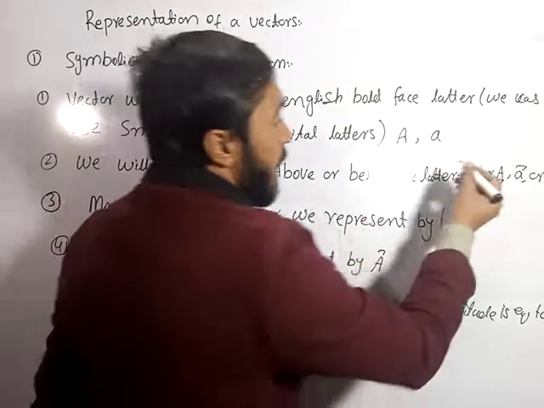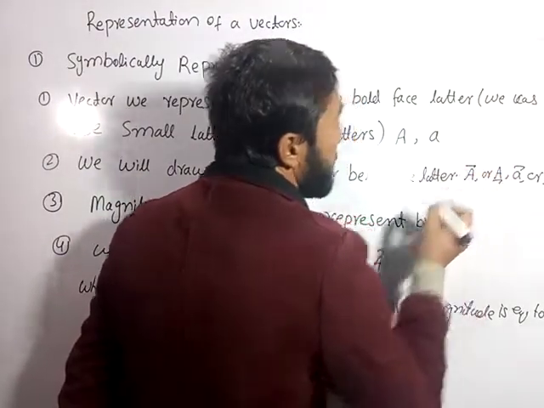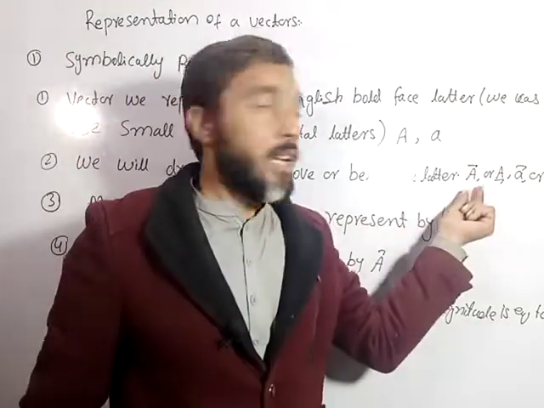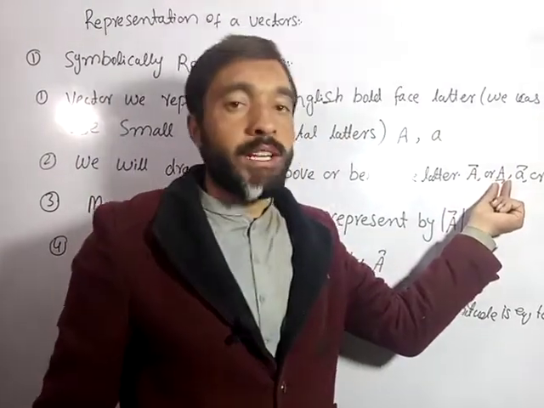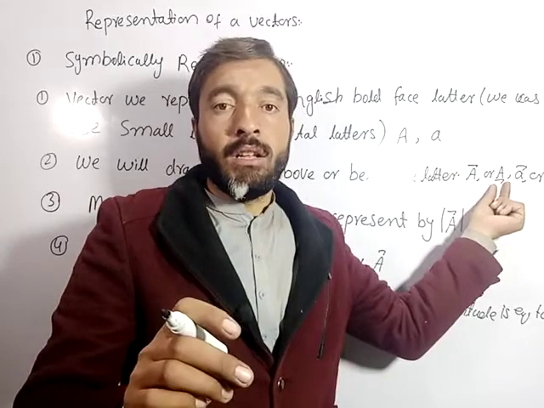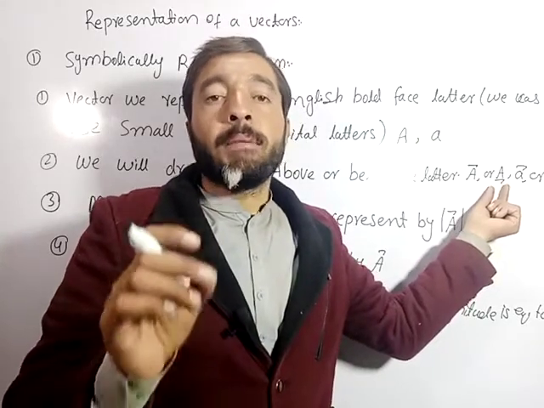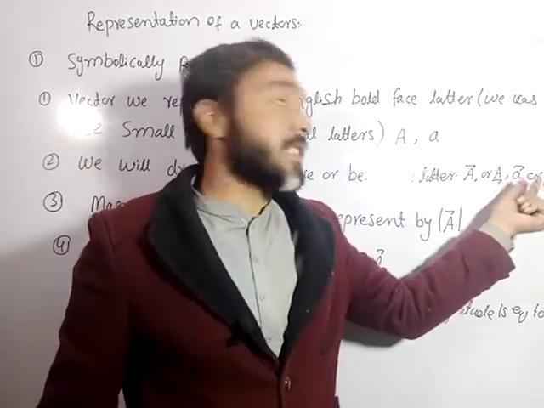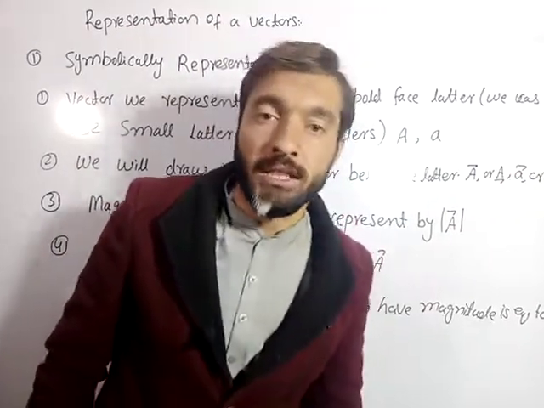If we draw an arrow above this A, now this A represents a vector quantity. This A also represents a vector quantity because we draw an arrow below the A.